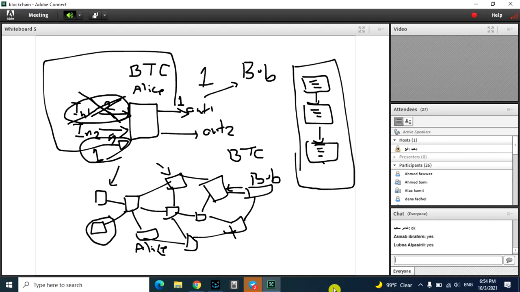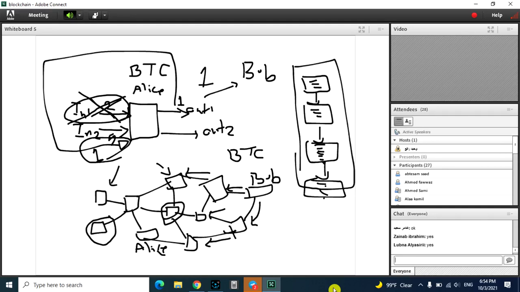Some of these nodes are miners and put the transaction into a block. In this course I will talk about the details of how to generate a transaction. Each transaction contains information.